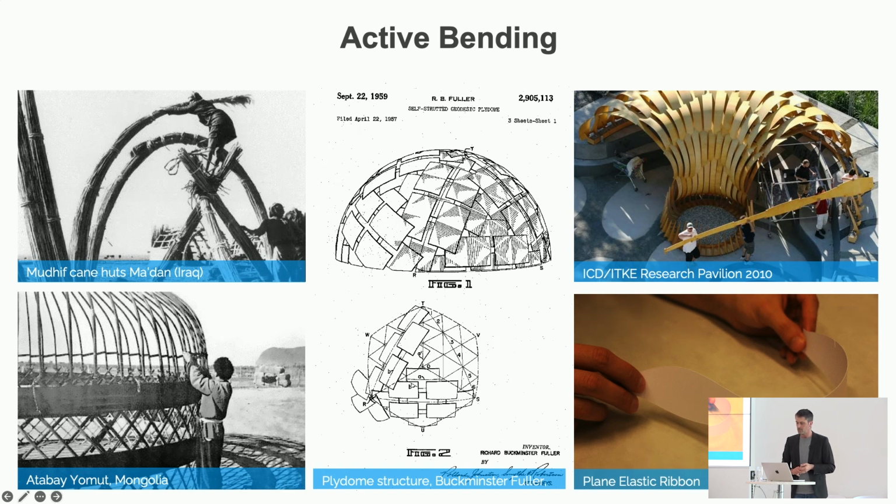Looking at this, we started asking basic questions like, how can we do design for active bending? Can we learn certain basic properties? How can we explore this design space to find shapes that work well under an active bend?